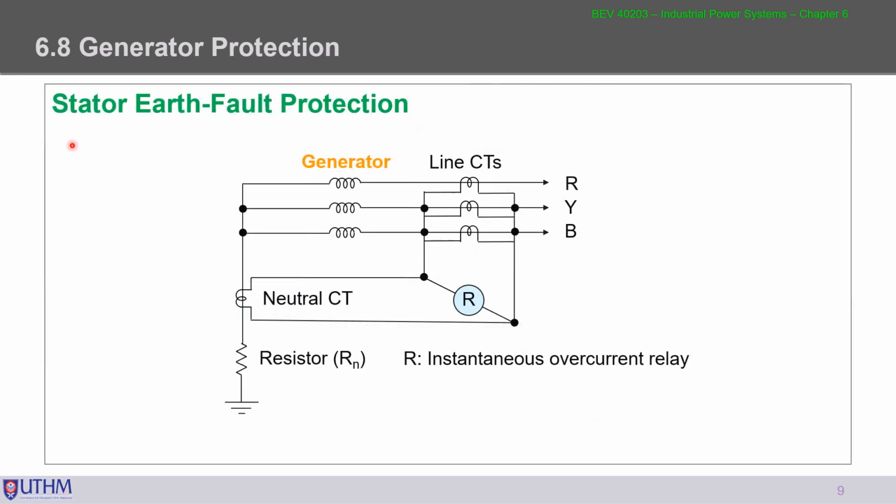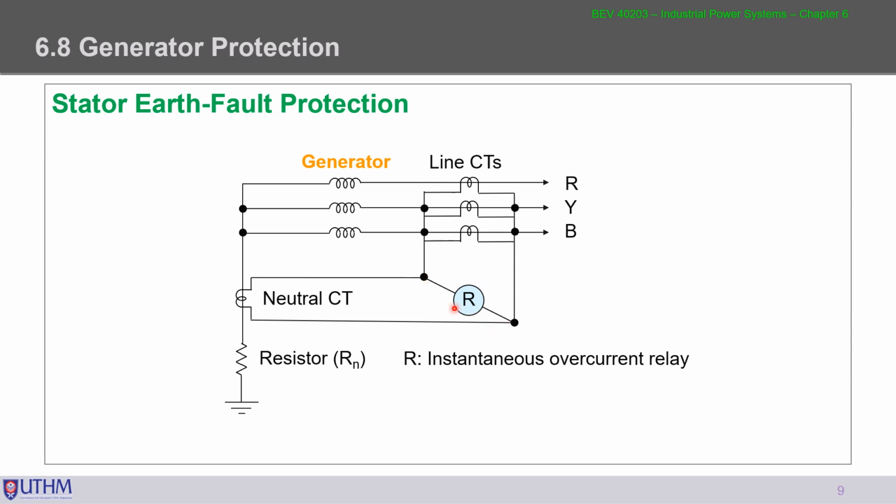Okay, here is the stator spot protection. As we can see from this diagram, this is the generator. There are 3 windings here, red, yellow, blue. Then we have the line side at each phase, and here is the relay.